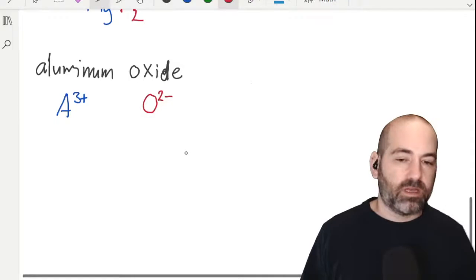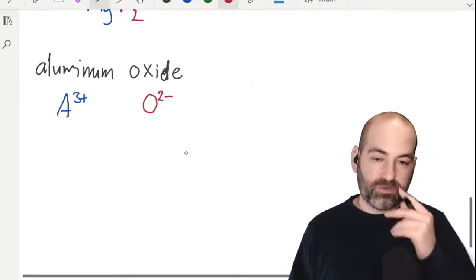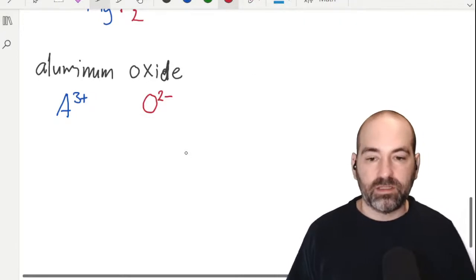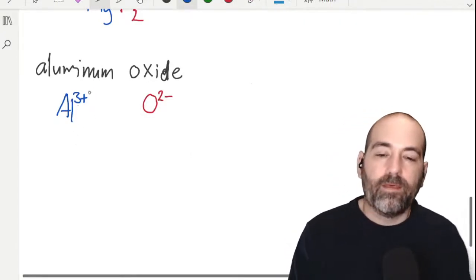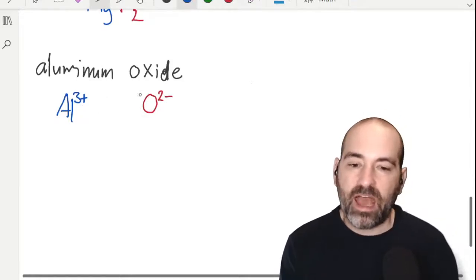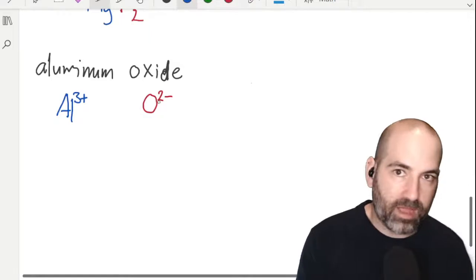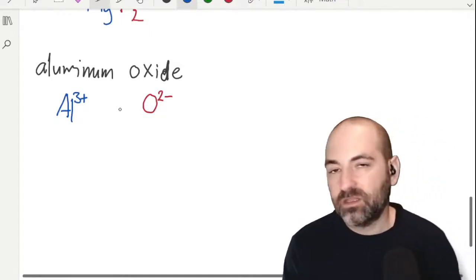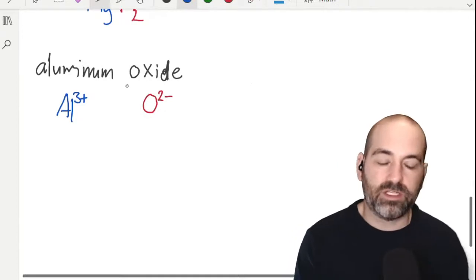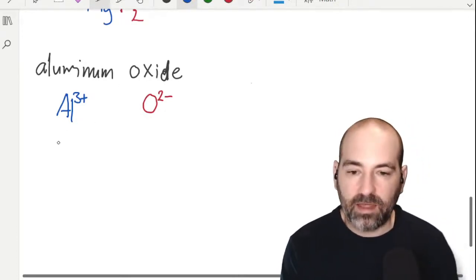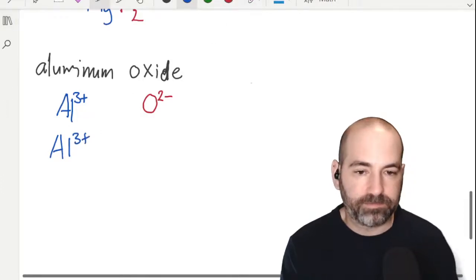All right, so now we need to combine them into a compound. And this is where it can get a little bit tricky because we've got a 3 plus and a 2 minus. Whoops, and I forgot the L in aluminum, Al. We can't just add an extra oxygen because then we'd have 3 plus and 4 minus. That still doesn't balance. We need the same total number of positive and negative charges. So the only way to do that is to find a common multiple of both.